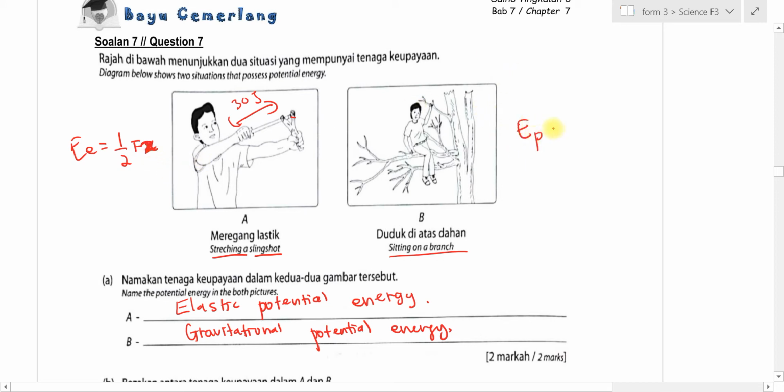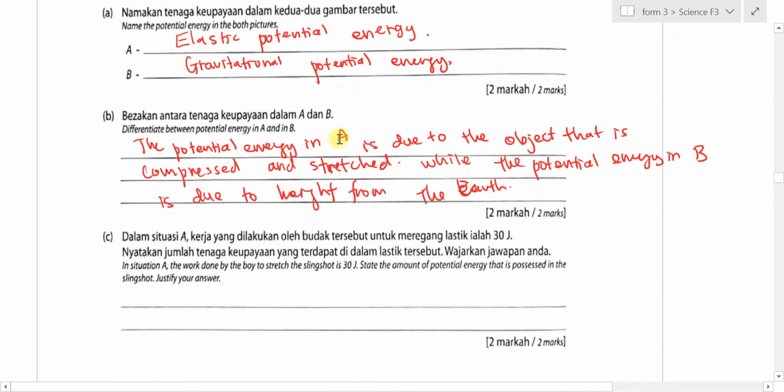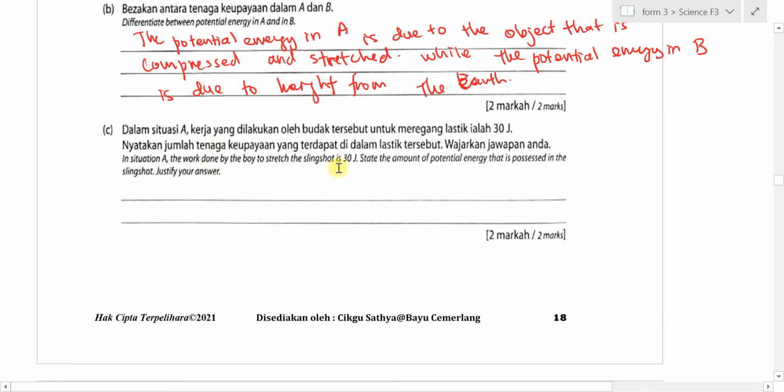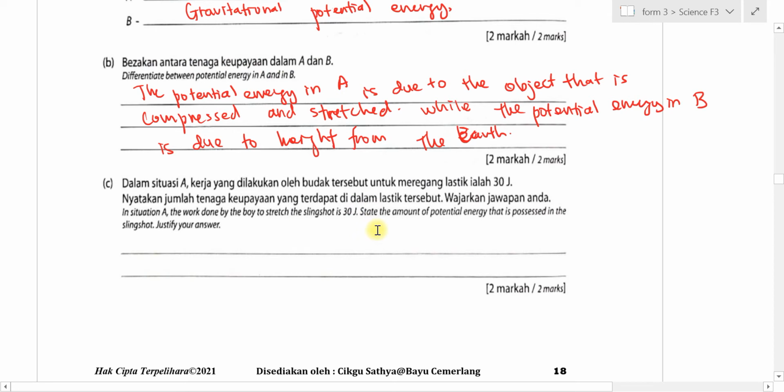And gravitational potential energy is mgh, sorry. Okay, now what was the question? The work done by the boy to stretch the slingshot was 30 joule. State the amount of potential energy that is possessed in the slingshot. Should be the same.